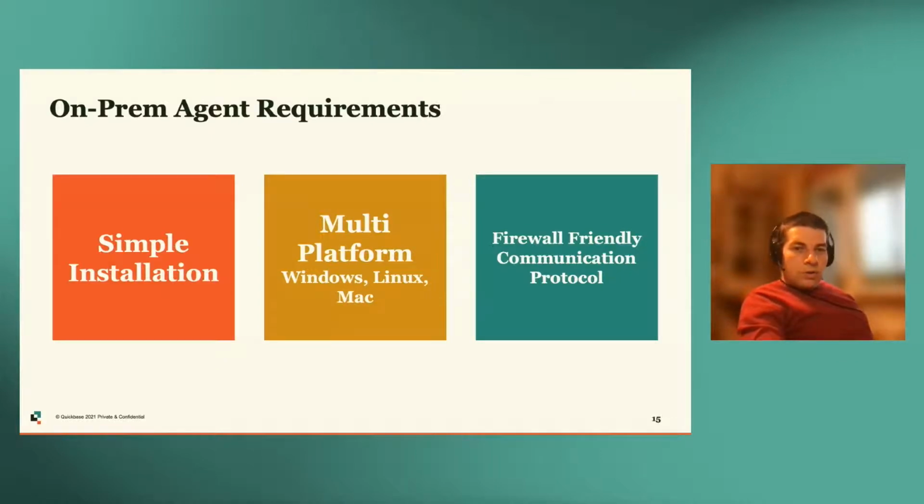So having these requirements, we decided to have this software component, the on-premise agent, because this approach fulfills all these requirements. Other typical approaches that are sometimes used are VPN solutions, or asking the enterprise to open a firewall port so that the vendor, in this case Quickbase, can have inbound connections.